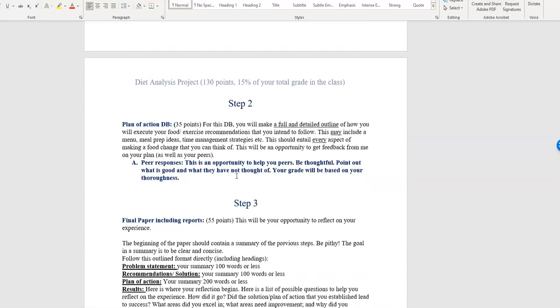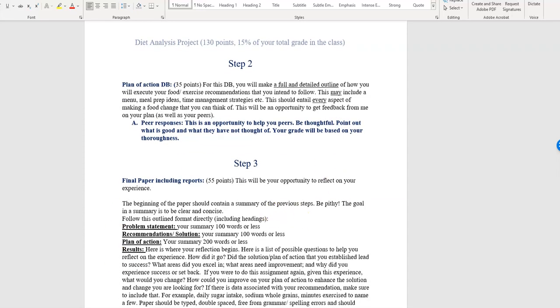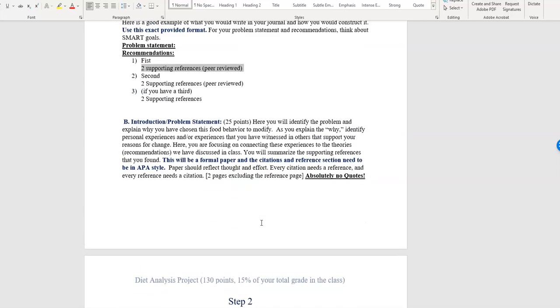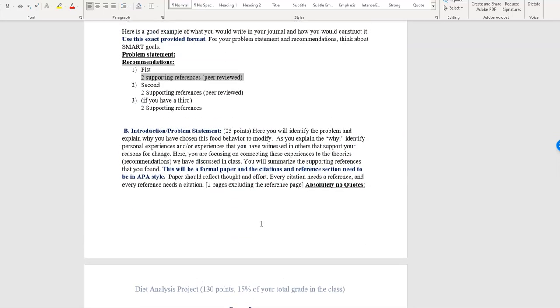After those two pieces, step 2 is where you talk about your plan with the class in a discussion board, and then you have your final paper. I'll make additional videos regarding your 2 final papers and your discussion board. I really just wanted to get you started on this one.